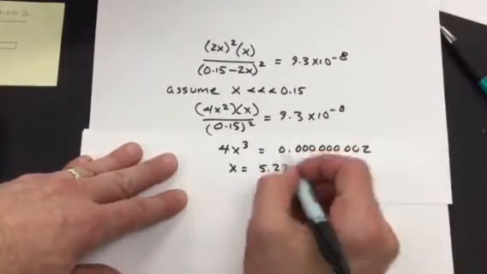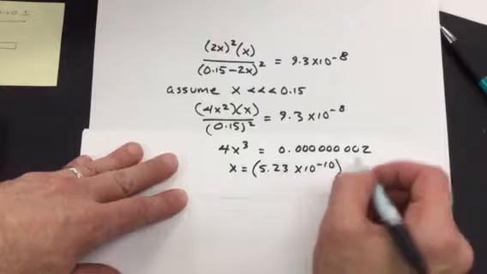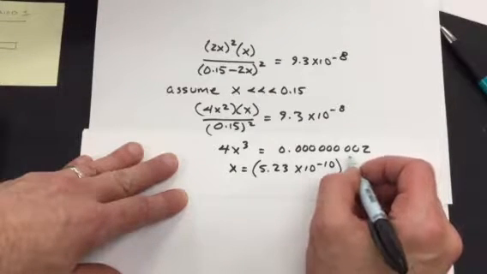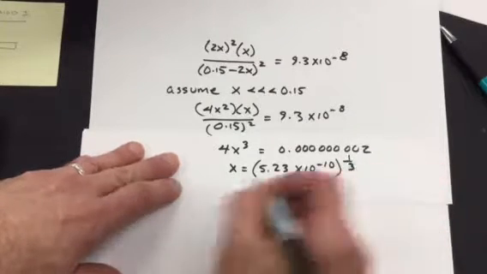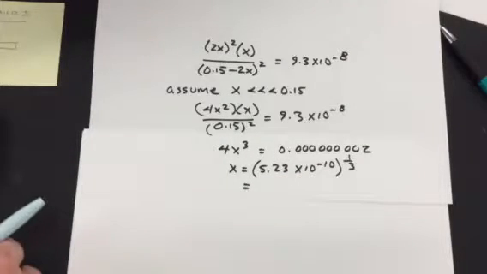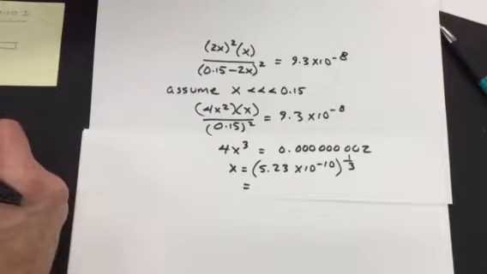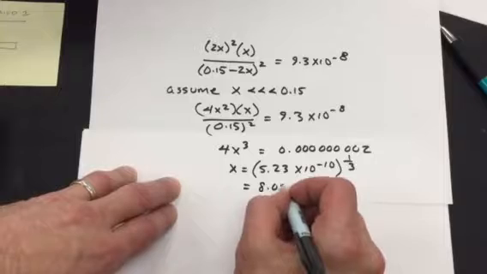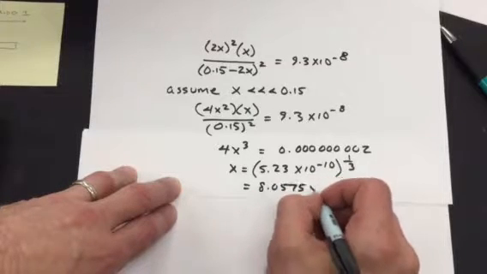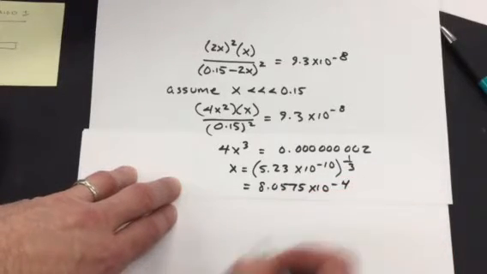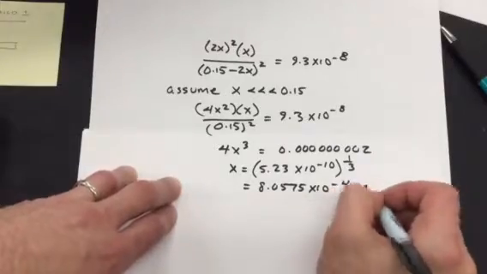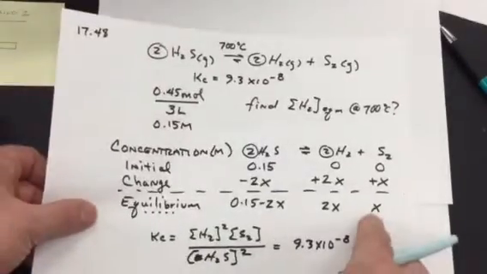And I would take that value, divided by 4, and raise it to the power of 1/3, because that would be a cube root. And when I do that, I get 8.0575 times 10 to the minus 4. And because that's x, that would be molar. So that would be my concentration of S2.